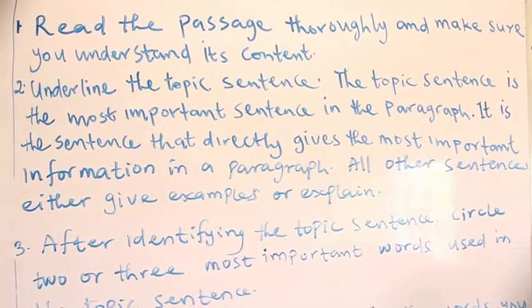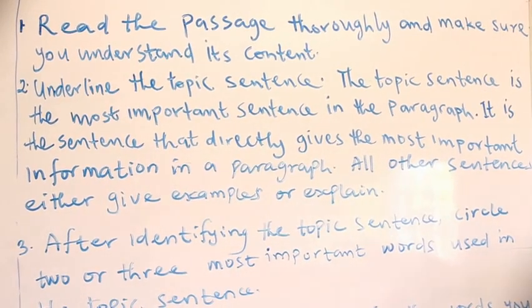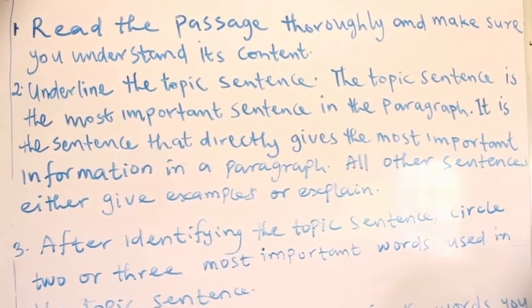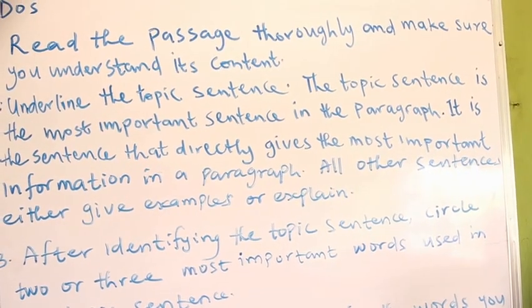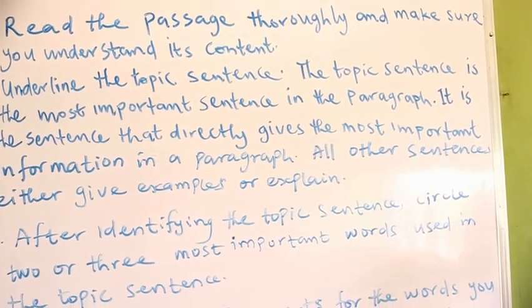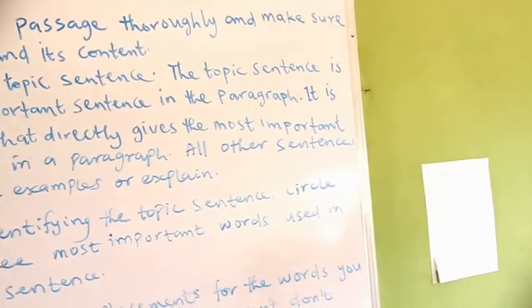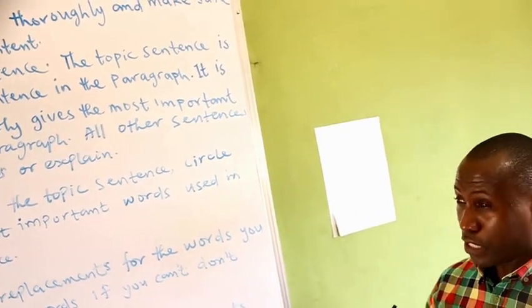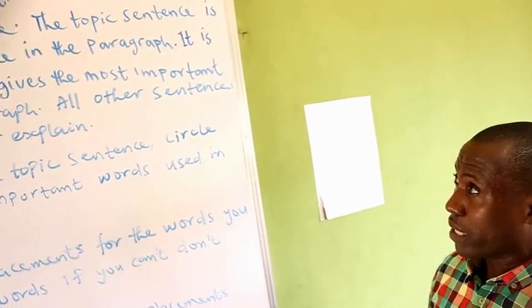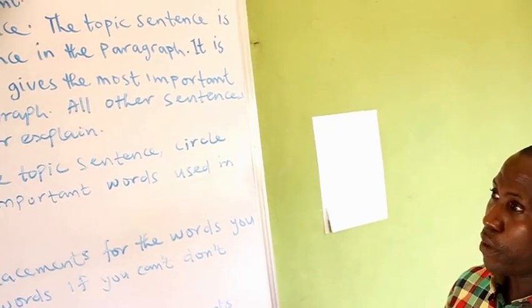And so it is important for you to identify the topic sentence. If you don't identify the topic sentence properly, you may have issues in your final answer, and that may make your answer wrong. So it is very important for you to know how to identify the topic sentence in a given paragraph.